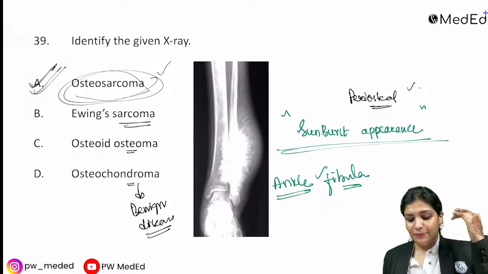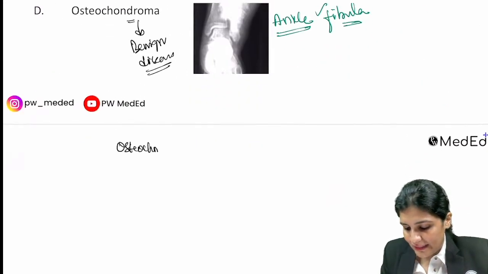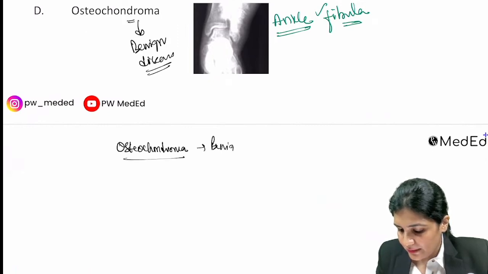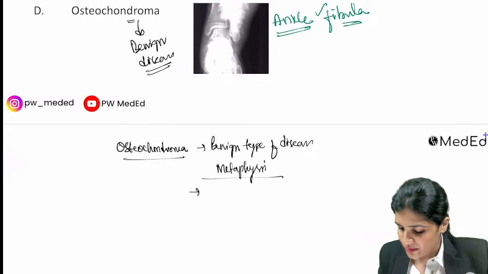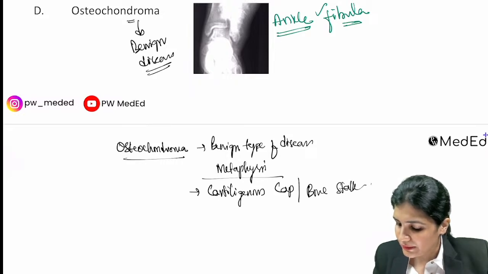Now let's deal with the options as well, so that we can get more familiar with the other topics, right? So first, coming to osteochondroma. It is again a benign disease, usually seen in the metaphysis, right? You can see something like a cartilaginous cap with a bone stalk, called the peduncle.